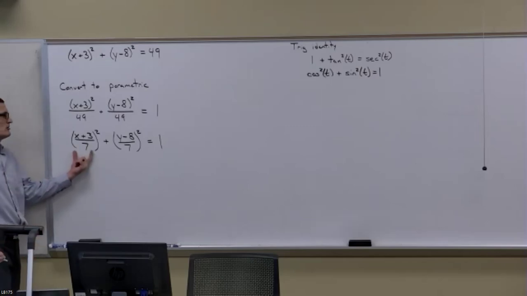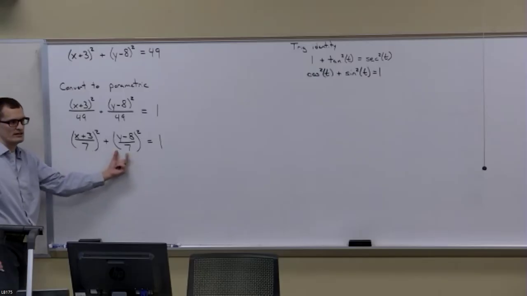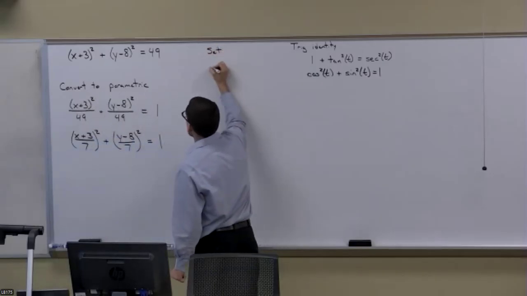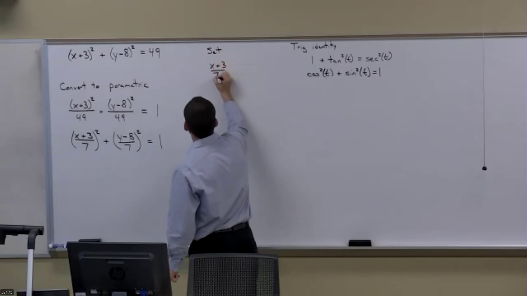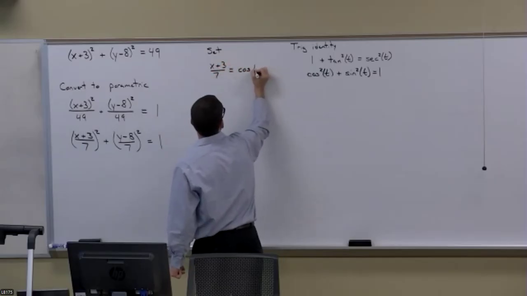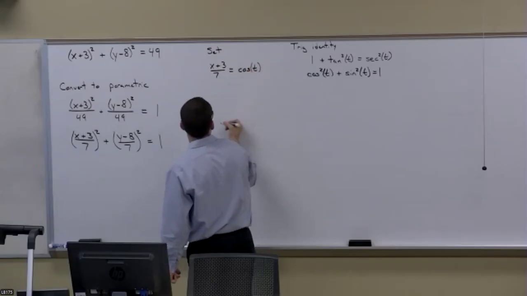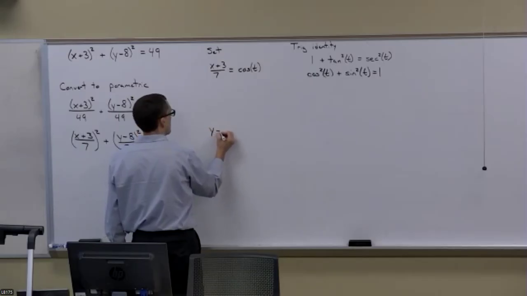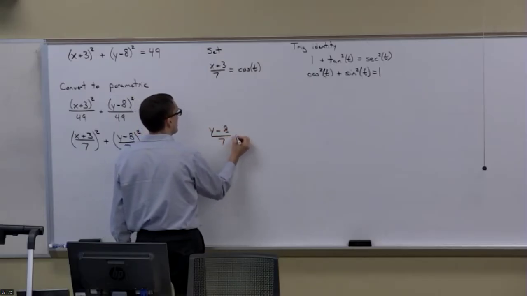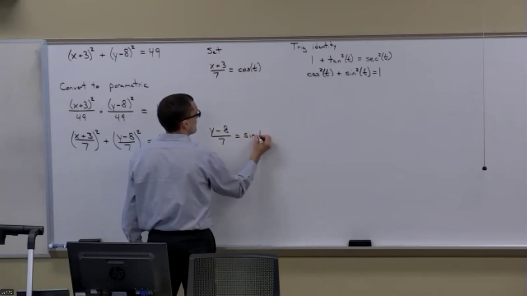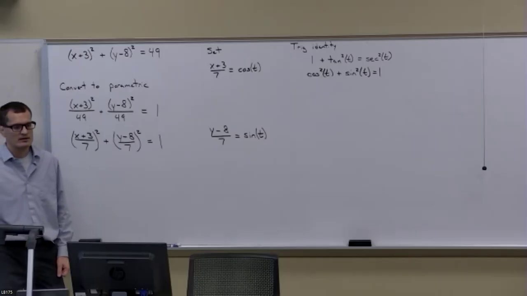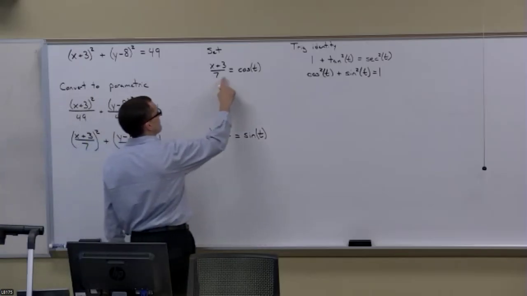Now I can set cosine of t as this first quantity, sine of t as the second quantity. The way I'm going to do it is I'm going to set (x plus 3) over 7 equal to cosine of t, and then I'll solve that for x. And then (y minus 8) over 7, I'll solve that for y. Multiply both sides by 7.